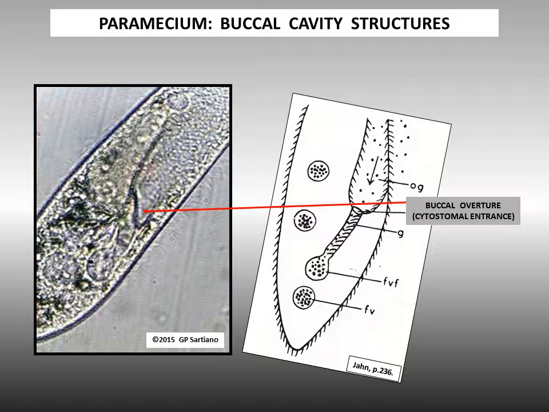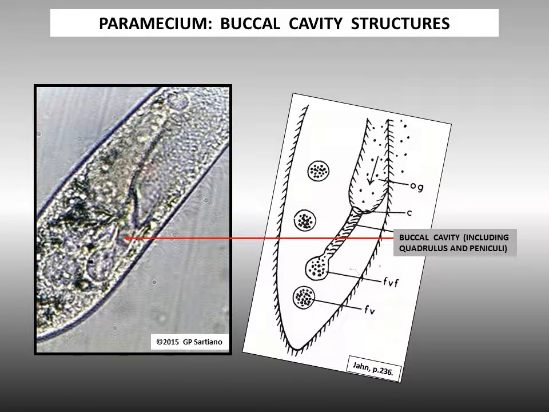The V-shaped arch seen here is the entrance to the buccal cavity. The buccal cavity is a tubular structure, perhaps distantly suggestive of or analogous to an esophagus.